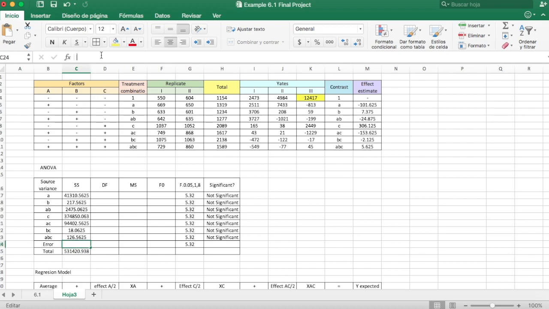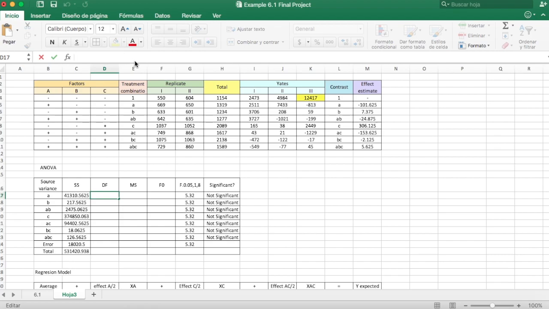So this is the sum of squares of the total, and the sum of squares of the error is obtained by subtracting from the sum of squares of the total the sum of all the other sums of squares, and here we have it.